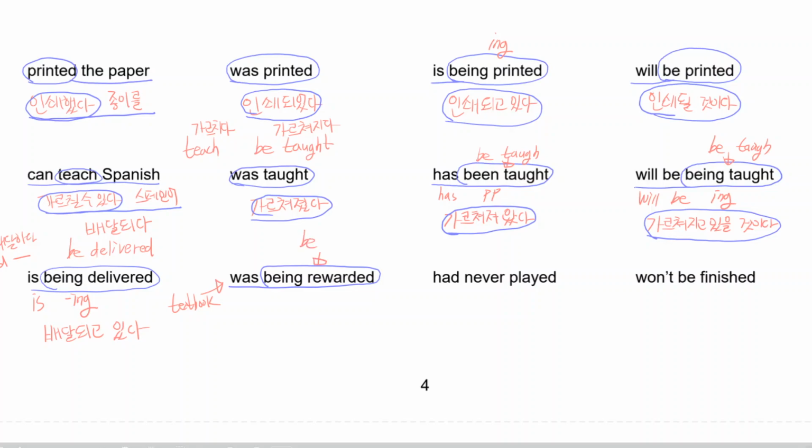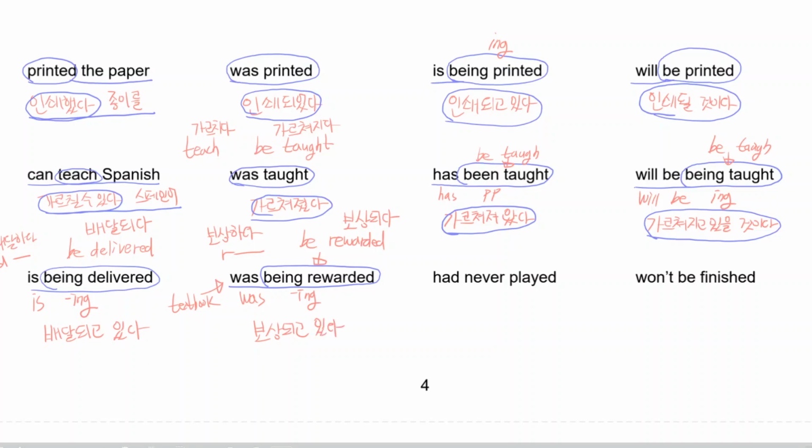We put be rewarded here, right? The be rewarded is from reward. Reward means 보상하다. Be rewarded means 보상되다. How about was being rewarded? What does it mean? Was ing is a past continuous form, right? So was being rewarded means 보상되고 있다.